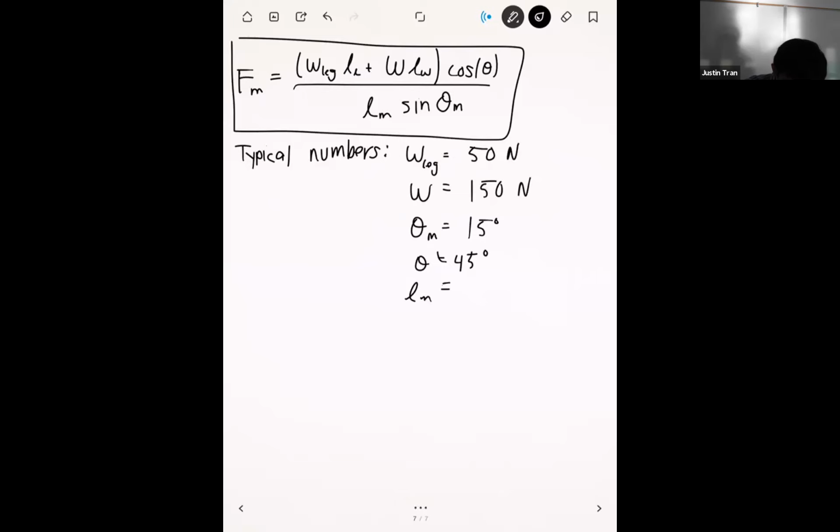Let's say that LM here is 12 centimeters. LL is 22 centimeters. And LW is 50 centimeters. Okay. And so we plug all that in, and we get Fm is equal to 1958 newtons.